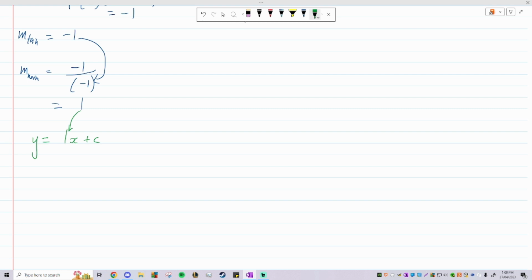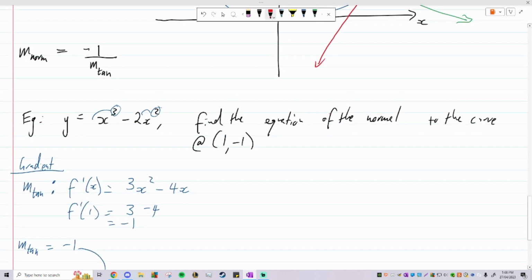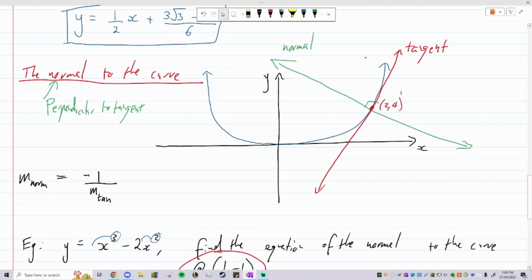The next thing I need to do is plug in a coordinate. Scrolling back up, it still passes through (1, -1). Again, looking at my picture, this still passes through (2, 4). It doesn't go through a different point unless it specifically tells me. The tangent of the curve at a specific point and the normal of the curve at that same point, of course, go through the same point together.